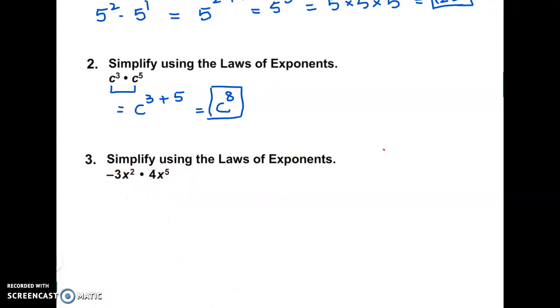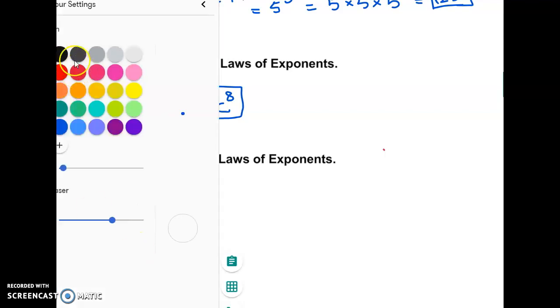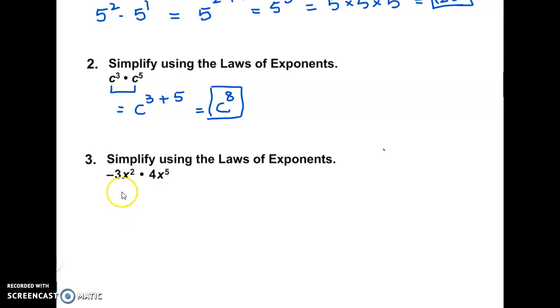The question is given to you: negative 3 x to the 2nd exponent and 4 times x to the 5th exponent. First, I see numbers, so I'm going to multiply the constants, the coefficients, first, which are negative 3 and 4.